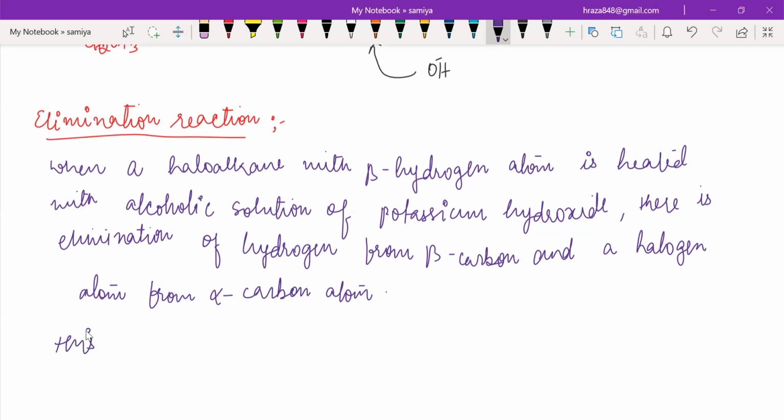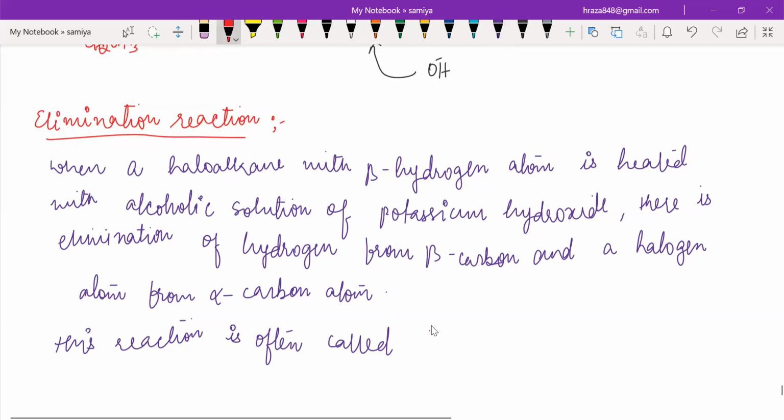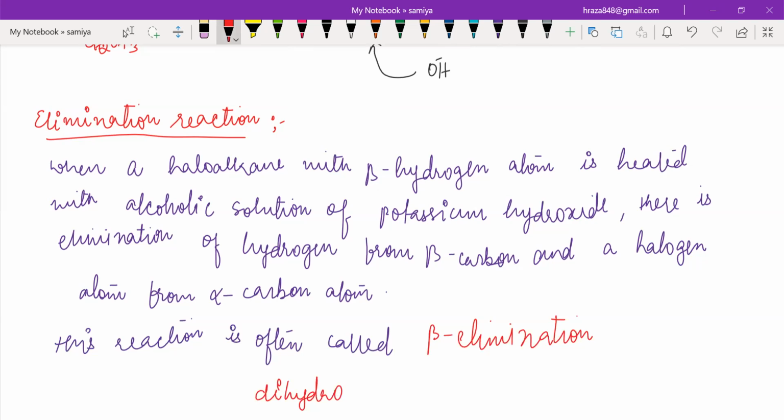This reaction is often known as beta elimination. We can also call it dehydrohalogenation.